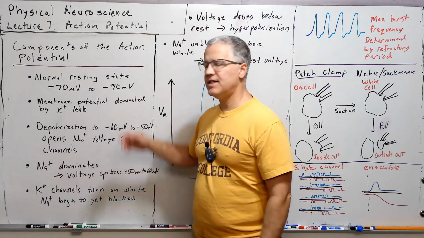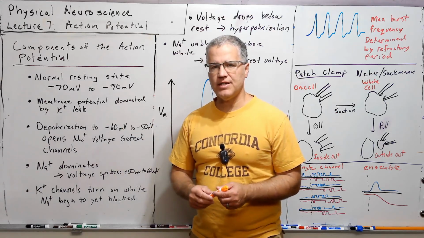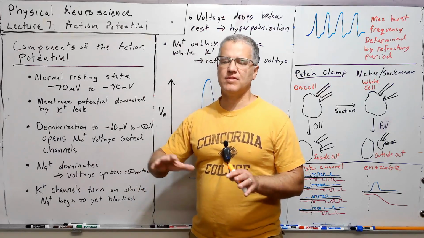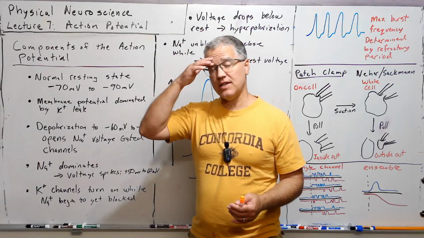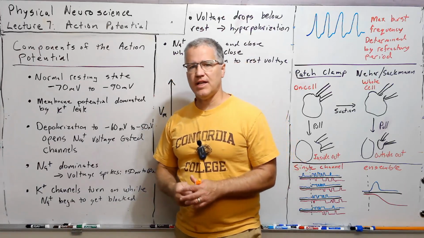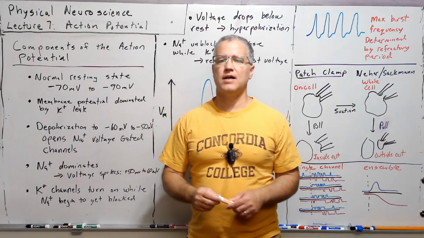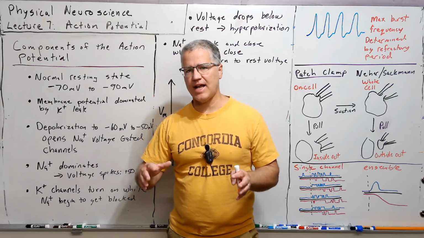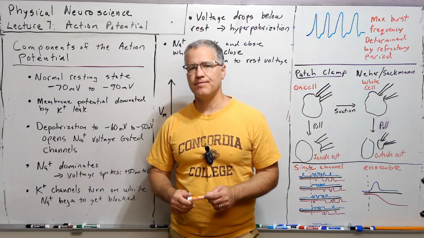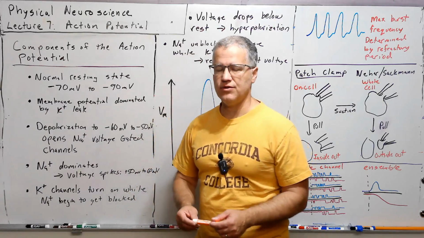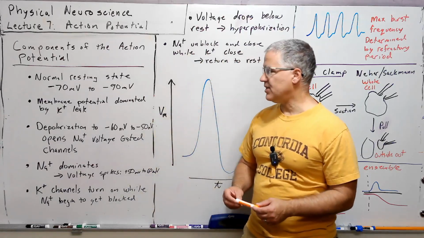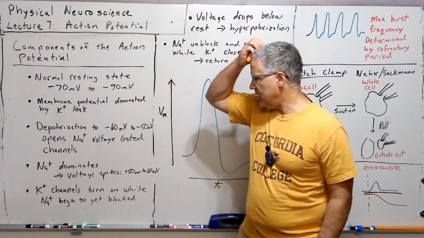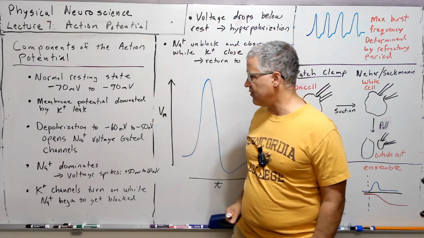Okay, so if we think about the components of the action potential, the neuron is sitting there at rest, and in that state, it's dominated by the leak channels for potassium. There's some degree of leak for all the ions, but dominated primarily by the potassium, a little bit by the chloride, and the Goldman-Hodgkin-Katz equation that we talked about last time allows us to calculate to a pretty good approximation the rest potential if we just consider the potassium and its permeability for the leak channel.